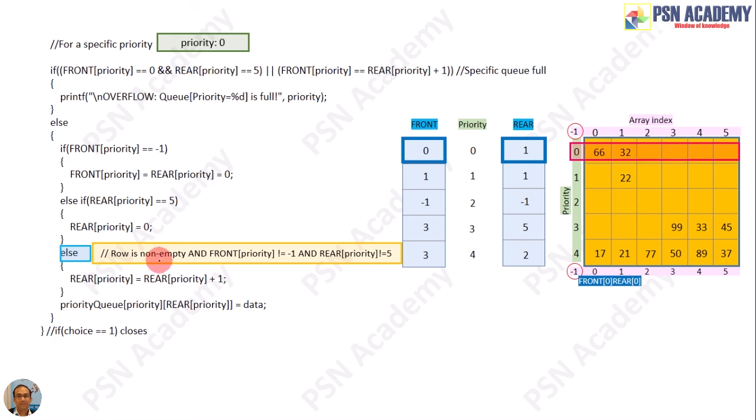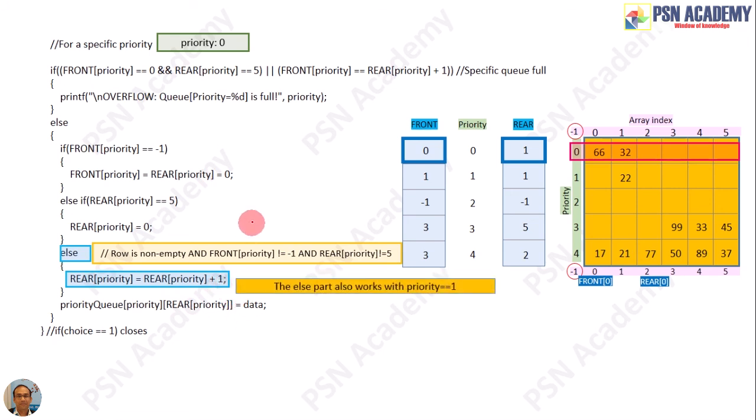So what should you do? Plain and simple, you increment rear from the first index to the second index. So set rear to rear plus 1. For priority 1, the same else part will work, because you see that in priority 1, front is here and rear is also here. So there is enough space for getting rear to rear plus 1, right? So the else part for this data snapshot properly works for both priority 0 and priority 1.